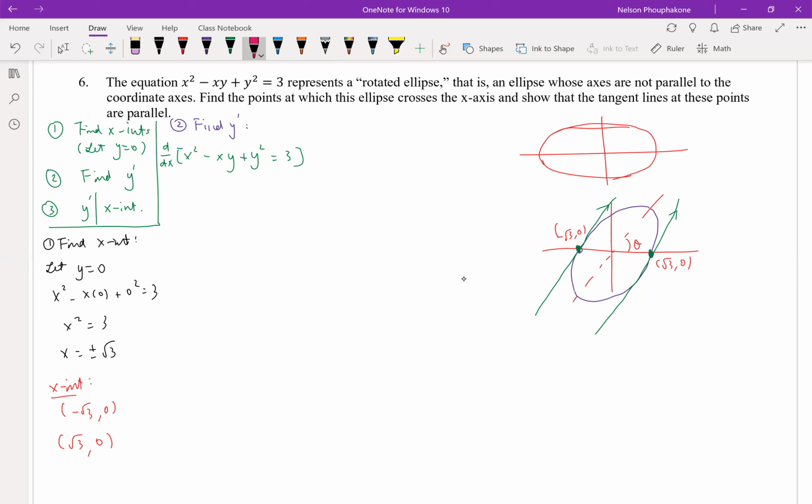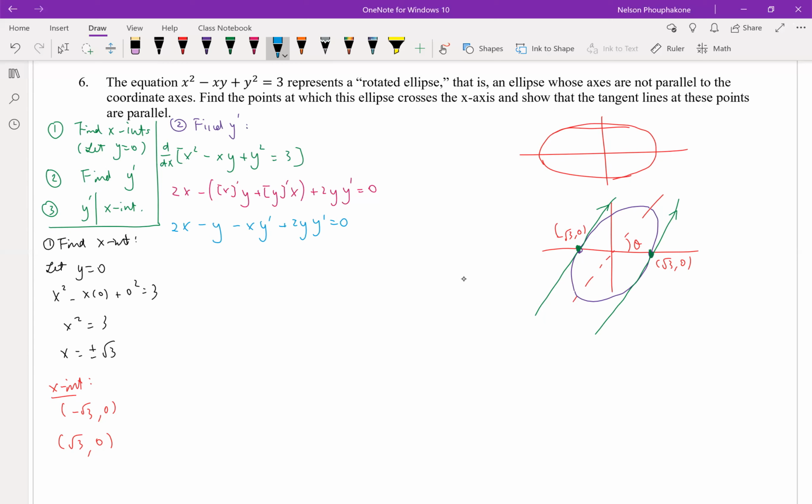It will be 2x minus the derivative of x times y plus the derivative of y times x, plus 2y y prime equal to 0. Then I have 2x minus y minus x y prime plus 2y y prime equal to 0.